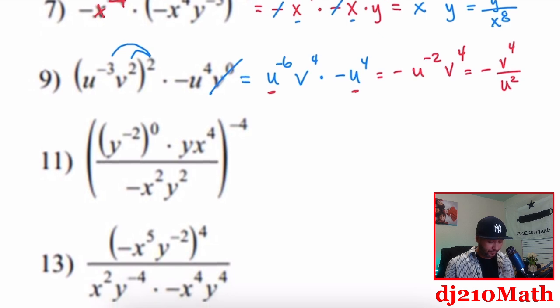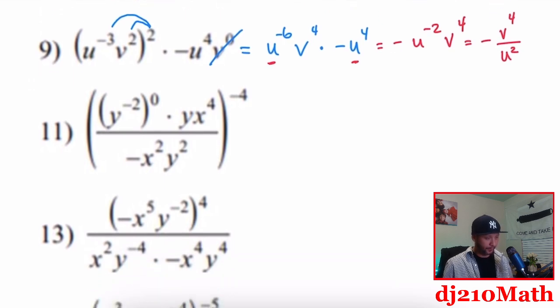Okay. Number 11. Here's a fun one. So I'm going to deal with inside the parentheses first. That -4 can chill outside. I'm going to deal with this. So anything to the 0 is just 1. Doesn't matter if it's one thing or a bunch of things. Anything to the 0 is 1. So that goes away. We don't care about that anymore.